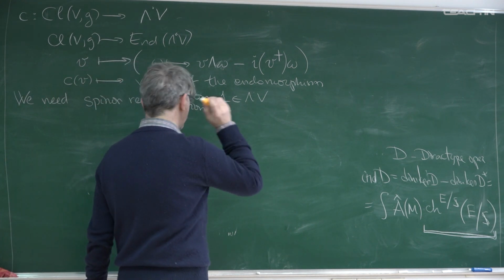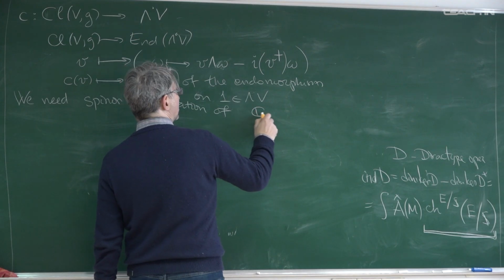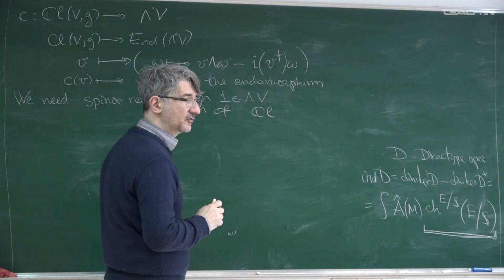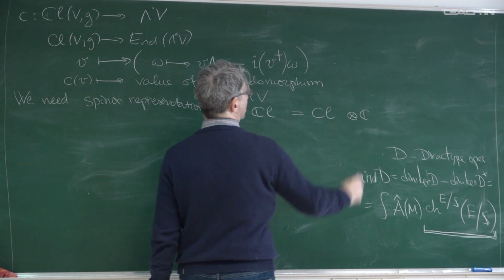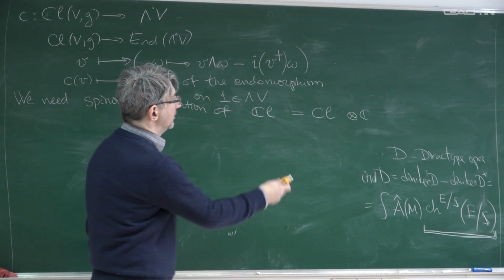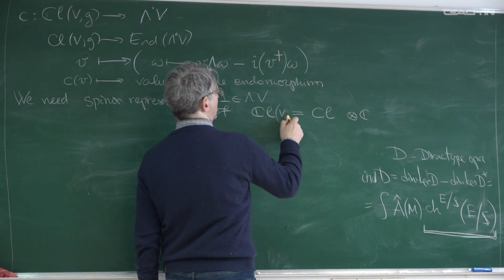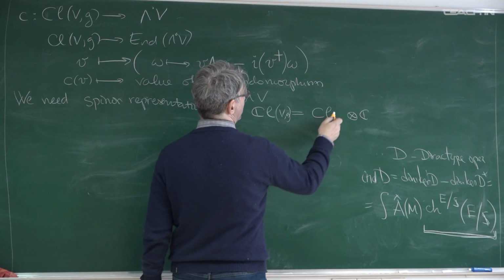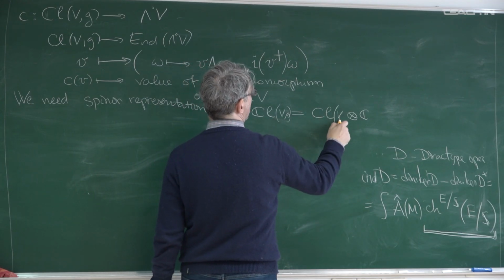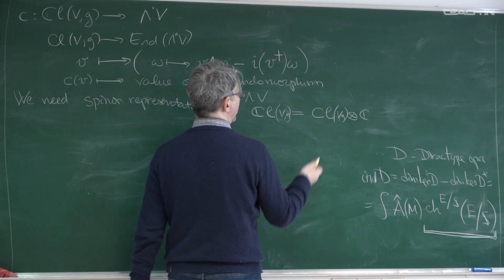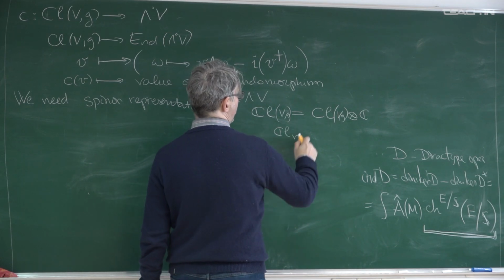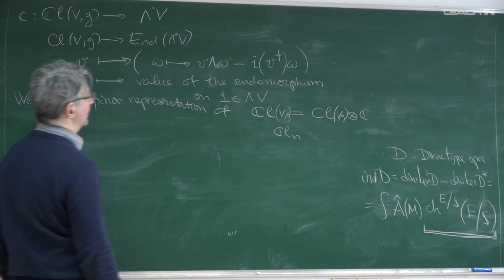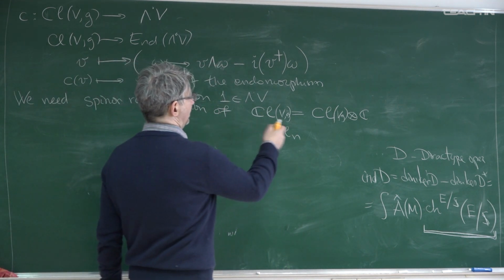Of what? I will write it in this way. The ℂ sign means that I want to take the complexification. So I take the Clifford algebra and pass to its complexification. It can be represented by V and the metric. Maybe we can write just a number, if I don't want to specify.